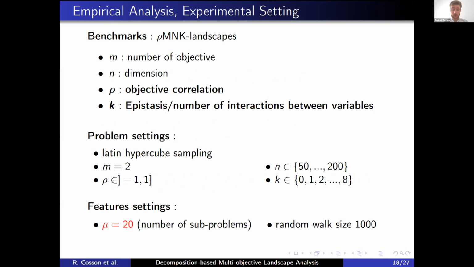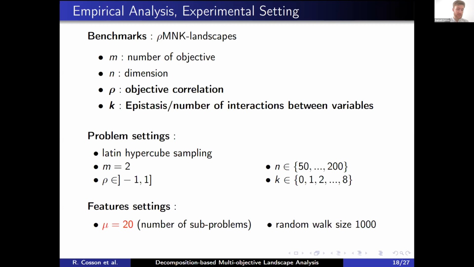So we generate problem instances using a Latin hypercube sampling and only with 2 objectives. And we compute features for each of these problem instances using mu at 20, so 20 single objective sub-problems.